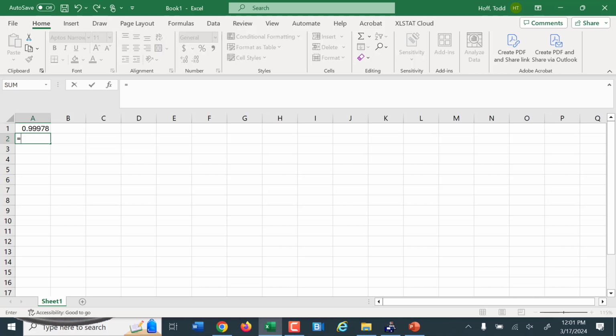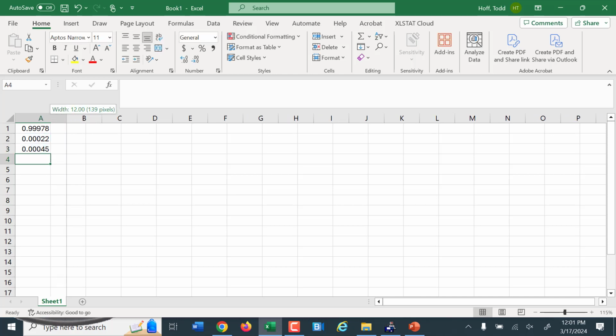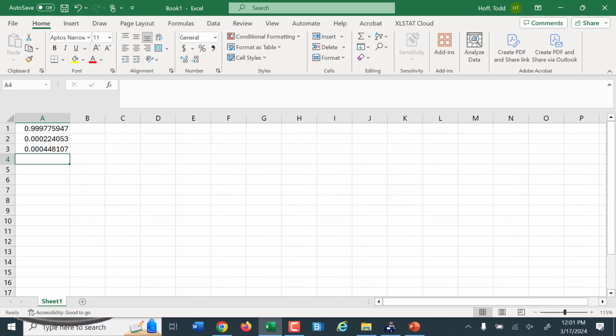Our p-value is the probability of being more than that, so it's 1 minus that number. And because it's two-tailed, we have to multiply that times 2. So we take that 0.2222 times 2 to get 0.000444, rounding off to 4.5. So there's our p-value.